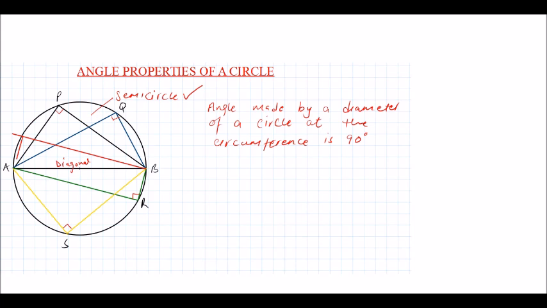Are we together? You can put it down, then we move to the next property. So you can put that down and put this statement: angle made by a diameter of a circle at the circumference is 90 degrees.